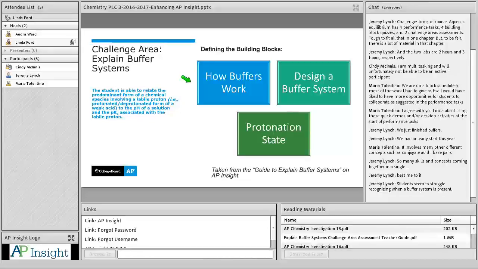And Jeremy, I see what you've written about they struggle knowing when a buffer system is present. So I don't know how you guys handle it, but I do a day of titrations. I'm on an 80-minute block schedule, and I only see the kids 240 minutes per week.